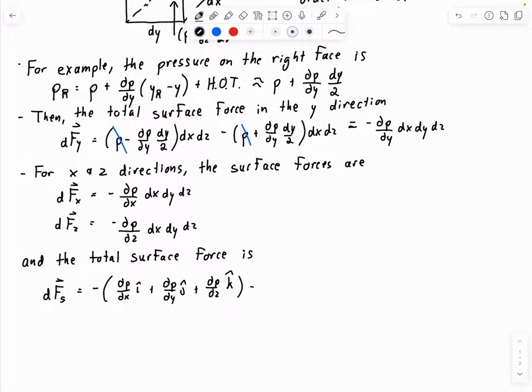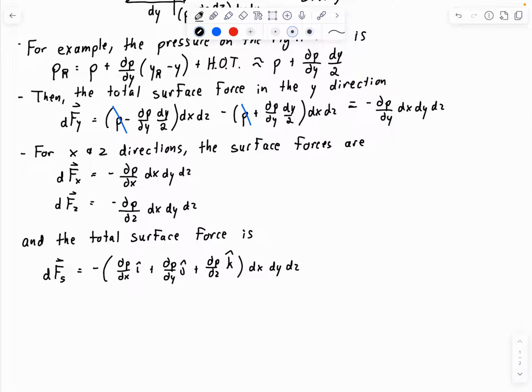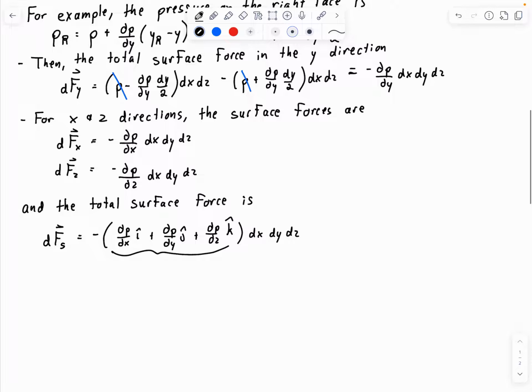And these are all multiplied by dx, dy, dz. Now I'll write it this way because this term in the parentheses here is something special.